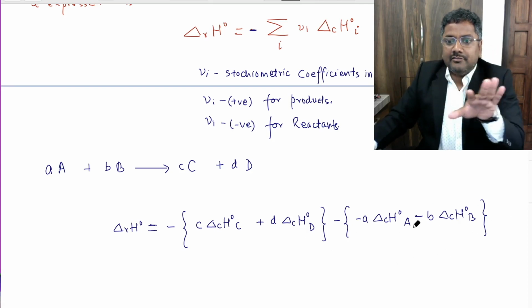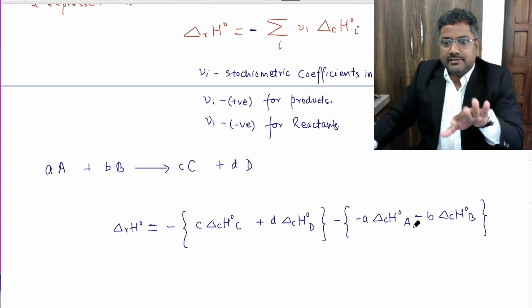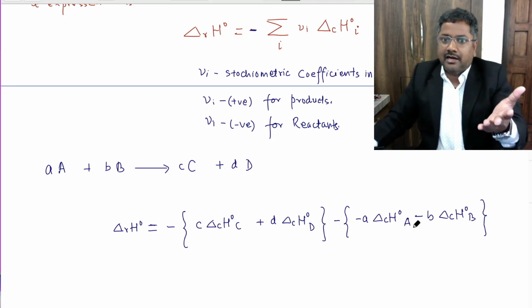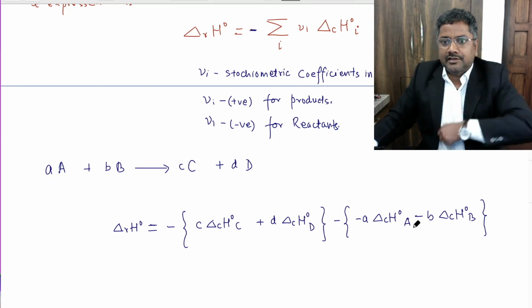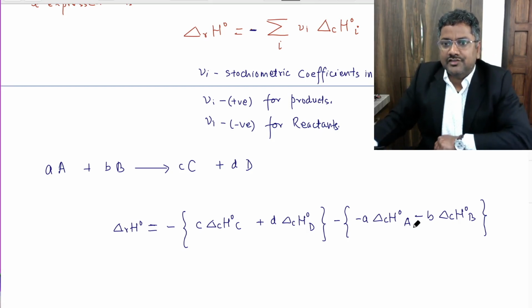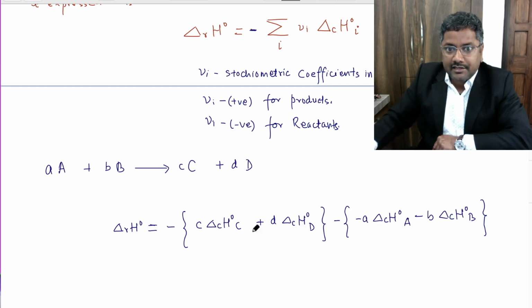So every time students are complaining, sir, my sign is not matching, magnitude is matching, but sign is not matching. So this is the reason. Because this is for combustion. If all the data I have taken here are combustion, then only you can do it like this.